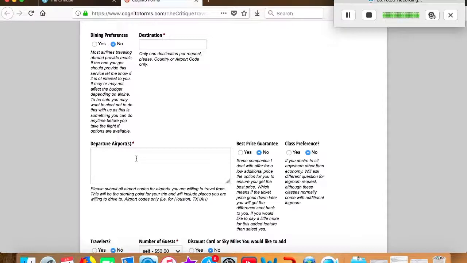Now, if you tell me that you're willing to fly from, let's say, Dallas, but you're not willing to drive from Dallas, well, that's a different situation. Because if the issue is you're not willing to drive that far, then there are other ways you can get there. If you're willing to do a Greyhound, or a Megabus, or a train to take you from here to there, then we can still connect you depending on where you're located, so that you may still only have to drive an hour.